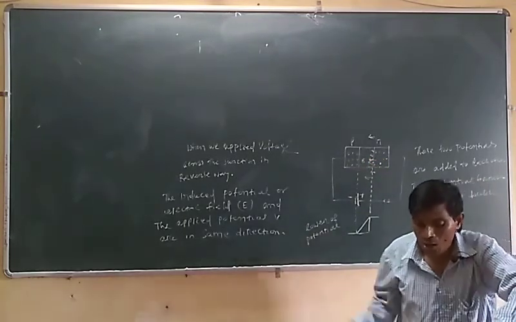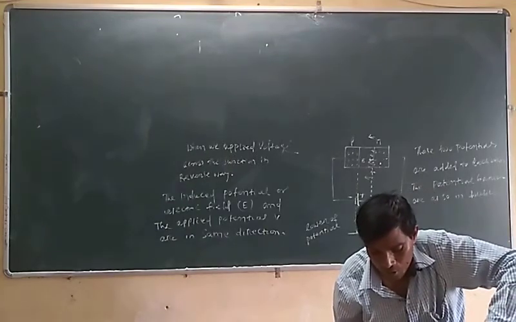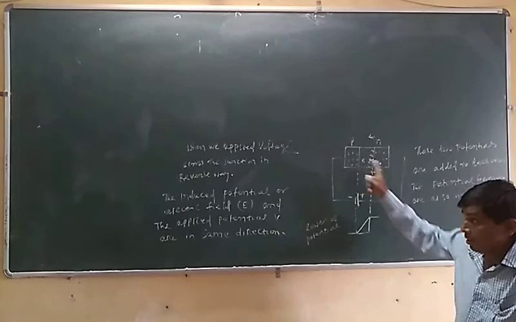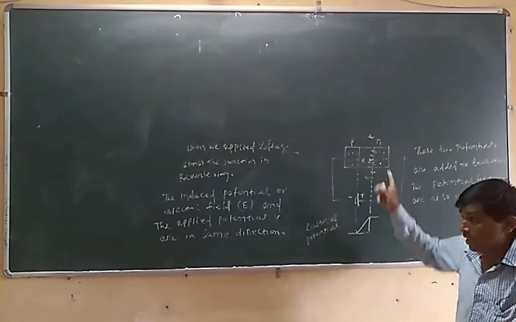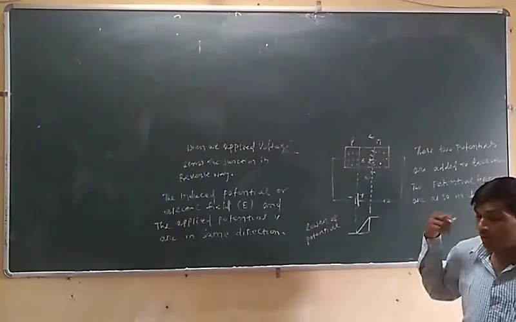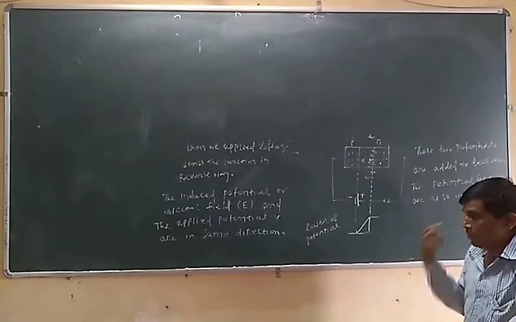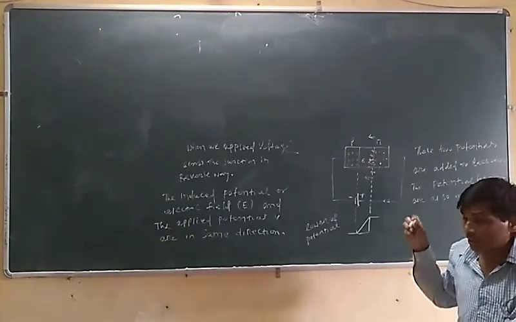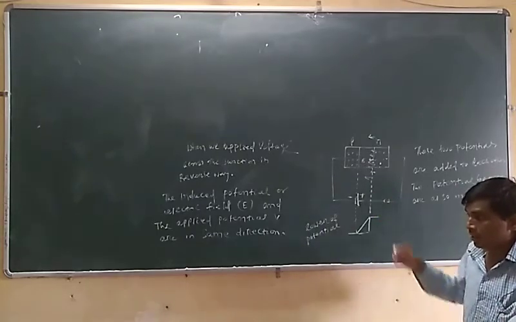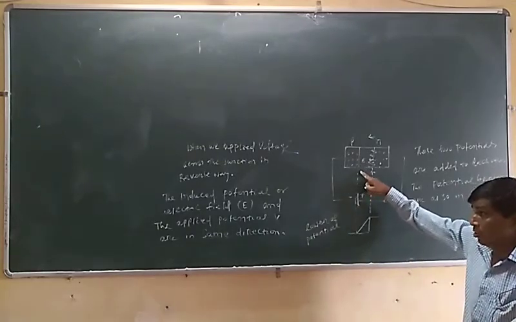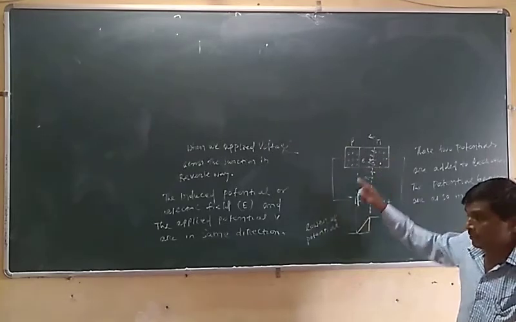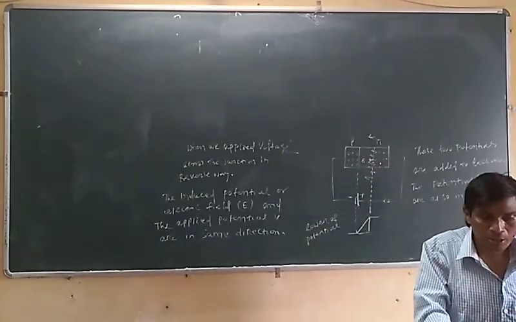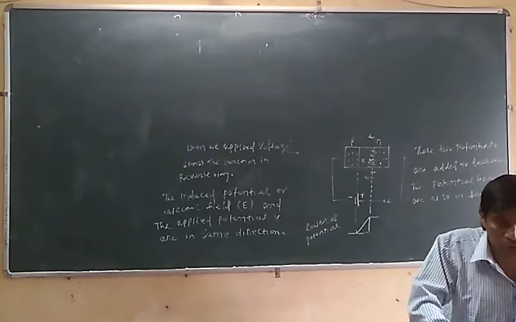So after the barrier potential collapses, the semiconductor behaves like a conductor in forward condition or forward biasing. But in reverse biasing, this potential barrier will be raised or the resistance of the junction will be increased, so it will not allow current to flow across the junction.